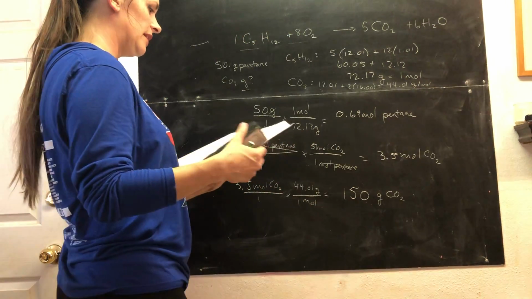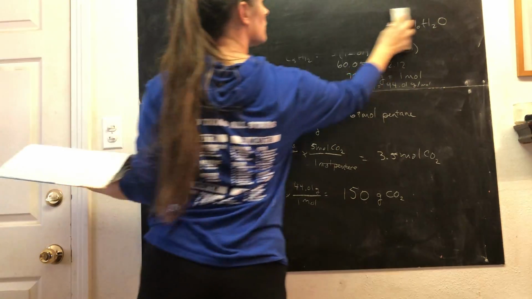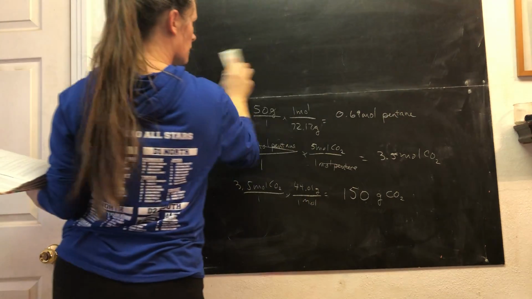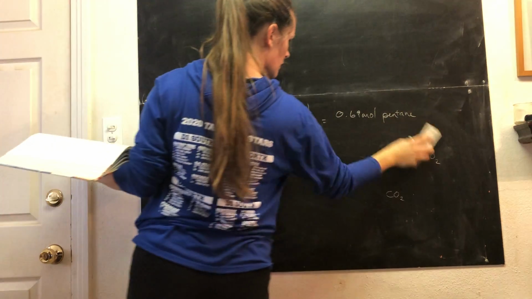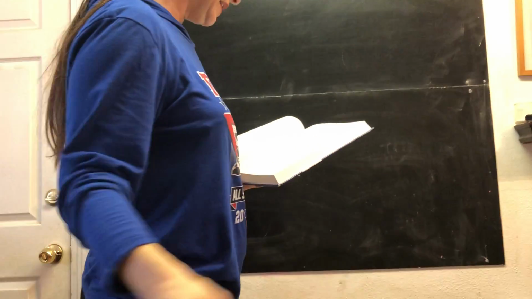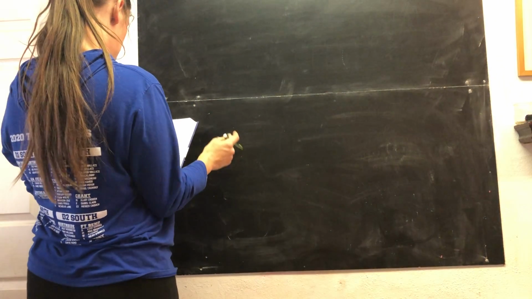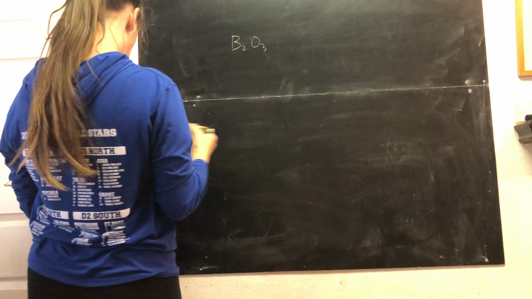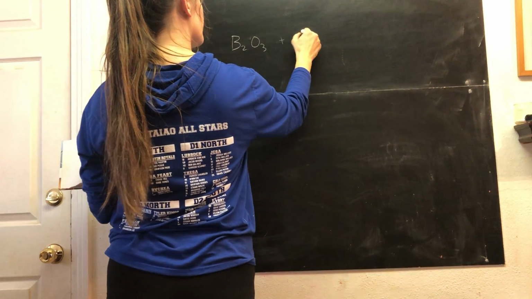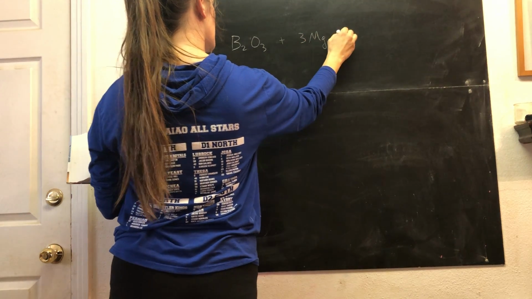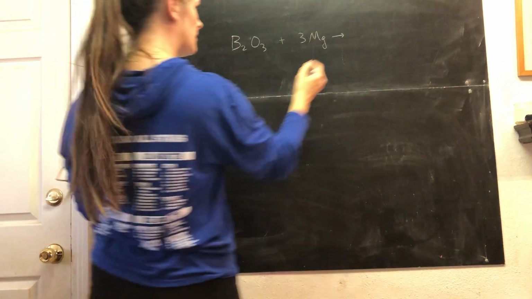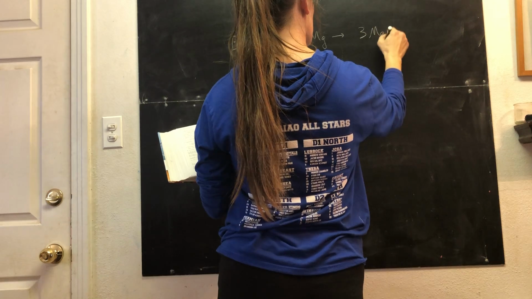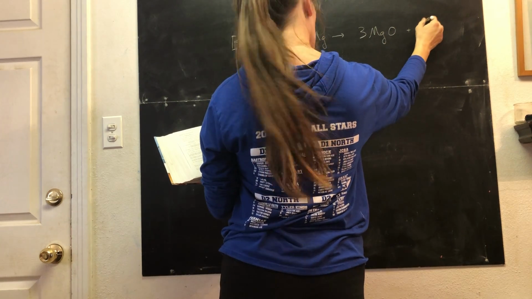How about, let's do number 18 on the chapter review. So on page 225, number 18. A chemist is using the following reaction. Boron oxide, B2O3 plus 3 magnesiums yields 3 magnesium oxide plus 2 boron.